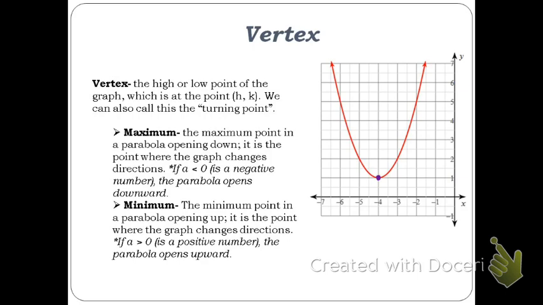Well, if this is facing up, then actually we're going to talk about how we have a minimum, since it takes you to this minimum point here. Whereas we'll also be able to identify pictures where we have a maximum.